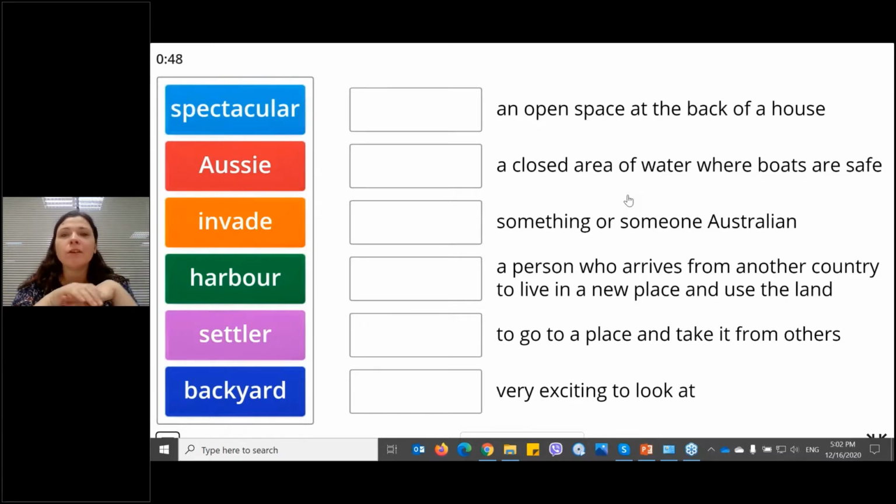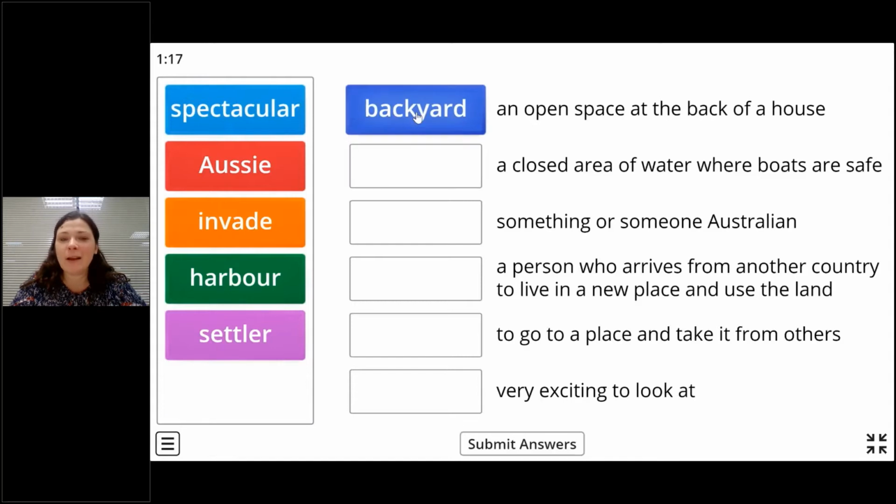So the first definition, an open space at the back of a house. How do you call this? Which word do you choose? Write to me in the comments. Yes, great job. This is, well, next.